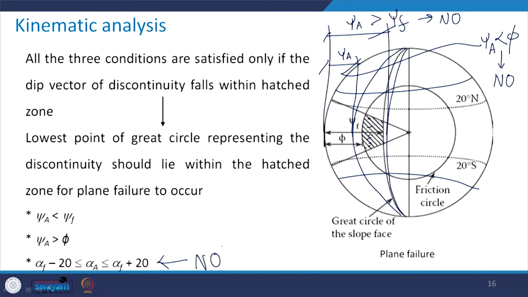So in order to satisfy all these three conditions, the discontinuity must lie within this hashed zone. If it goes here or this side or that side, top or bottom, either of these three conditions are not going to be satisfied and therefore the plane failure is not going to take place.